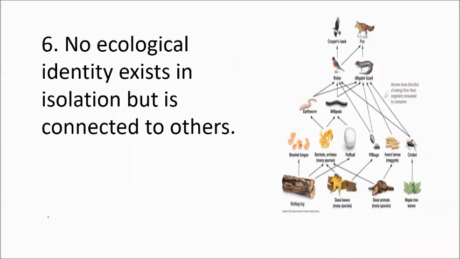No ecological entity exists in isolation but is connected to others. Okay. Similar to human beings, no man is an island, no? So we need to connect. In order to exist, we need connections with others.